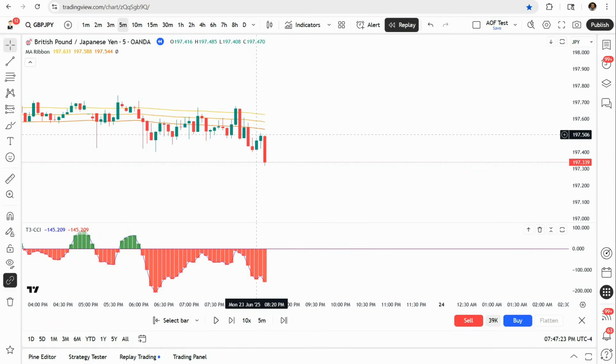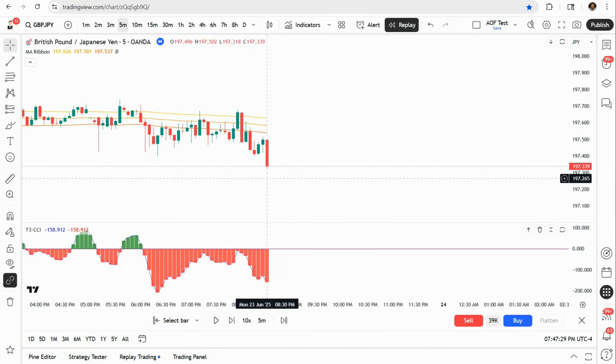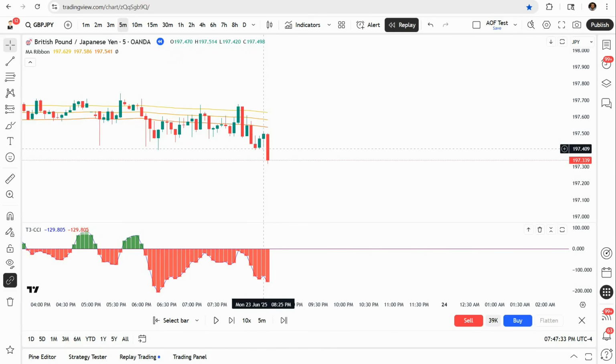And then what we're looking for is price to give us a bearish type candle. So that can be an engulfing candle like this one, a big engulfing candle. It can be a candle that encloses or engulfs the most recent green candle like this here. It can be a long wick and then a close, something along those lines.